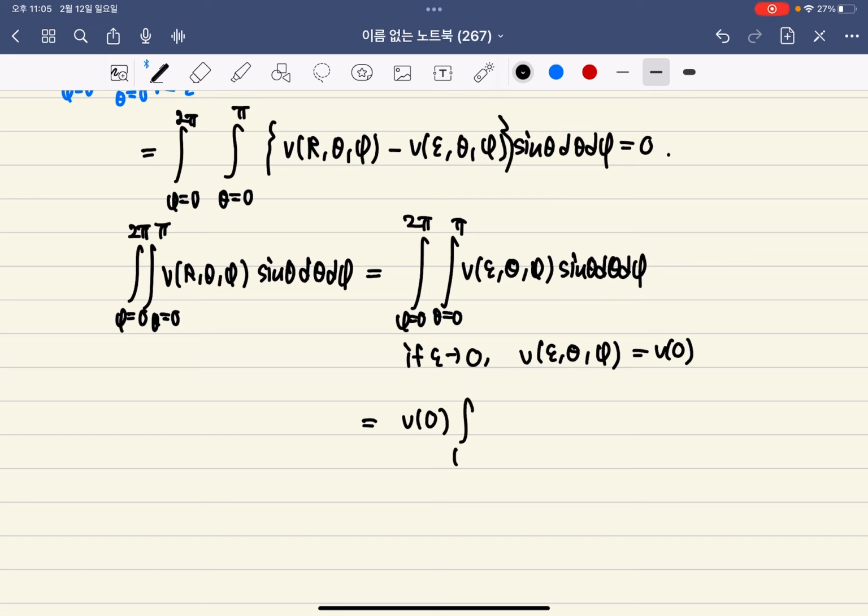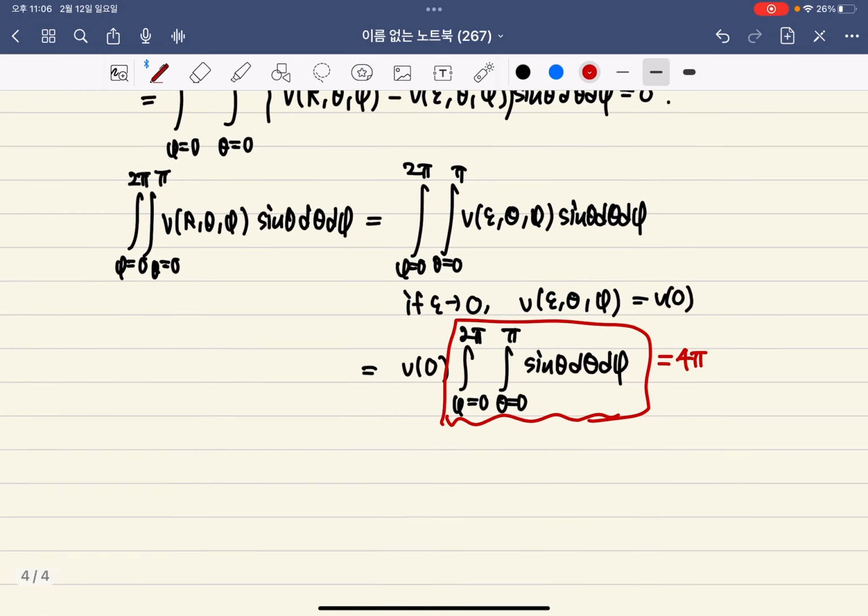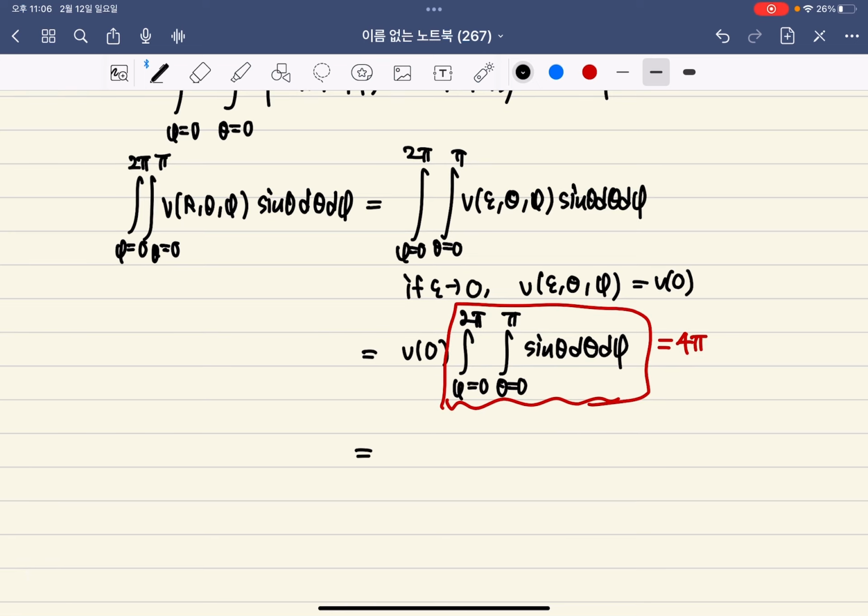So the remainder is the integral over phi from 0 to 2 pi and the integral over theta from 0 to pi of sine theta, which is 2 times 2 pi, 4 pi. The equation is in the form of 4 pi v0.